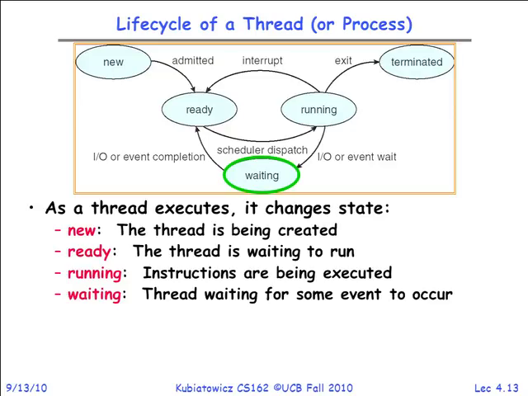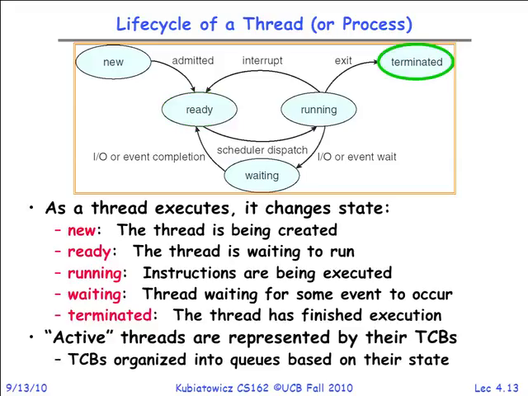So only the threads that are either on the ready queue or running, and there's only one of those, are actually using CPU cycles. The rest of them are in queues somewhere. So this diagram's a little funny because it doesn't really tell you that there's lots of waiting queues. Then we start executing again. And eventually we're done and we terminate. So active threads are represented by their TCBs, and threads are in queues.